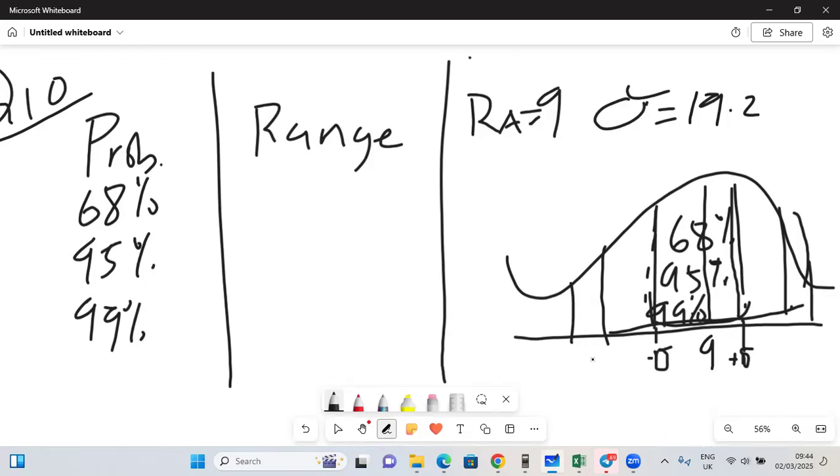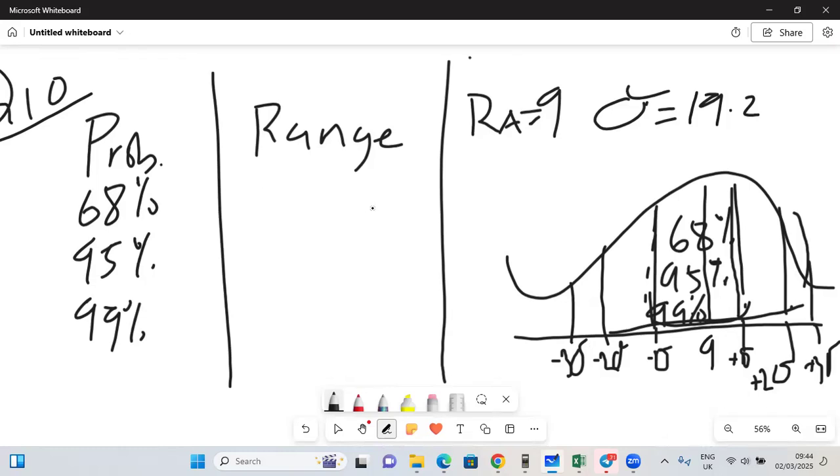And this is -2 standard deviation. This is -3 standard deviation. And here 2 standard deviation, +2. And here is +3. +3 standard deviation like that.